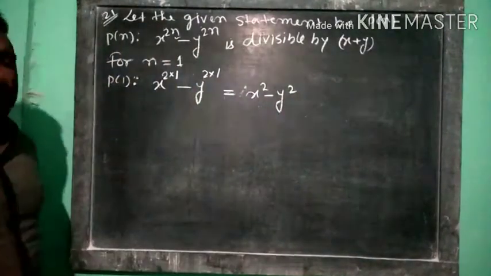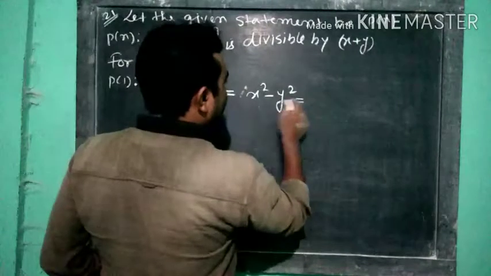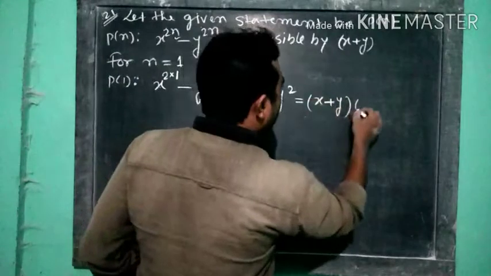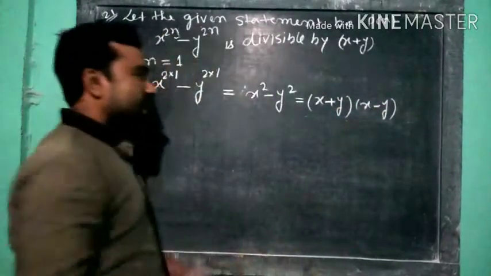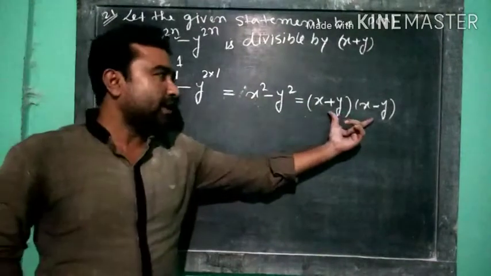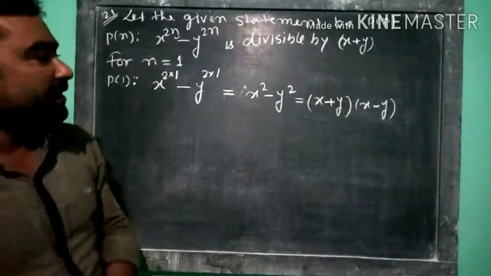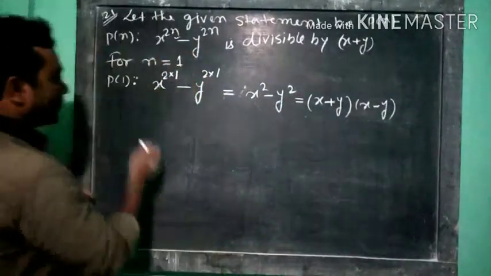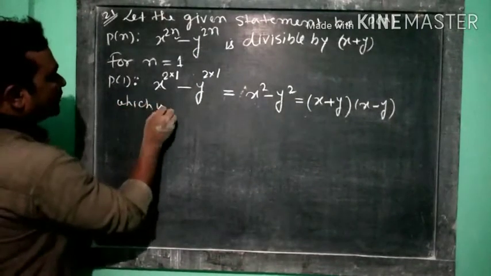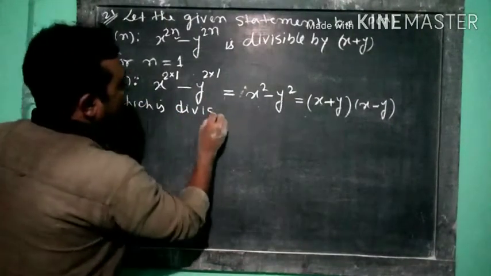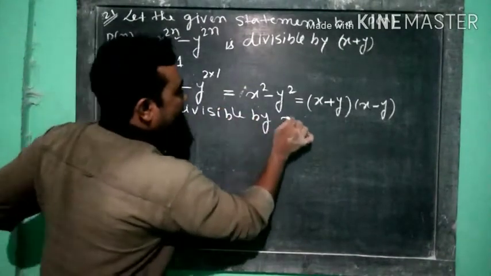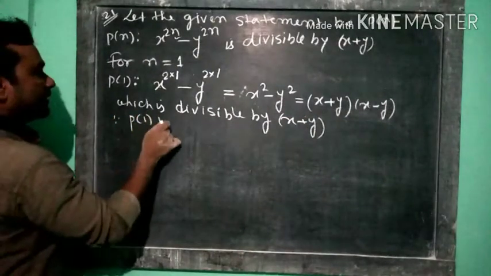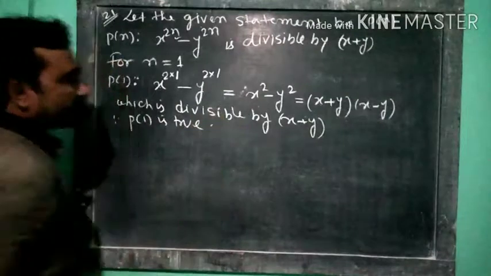It makes a formula: a squared minus b squared, which everybody knows, equals x plus y whole into x minus y. Since x plus y is multiplying with x minus y, this must be divisible by x plus y. Very simple. Therefore P of 1 is true.